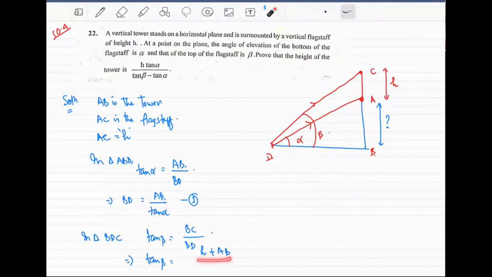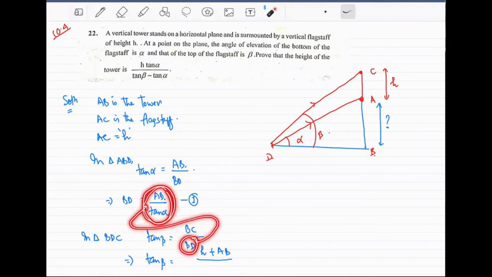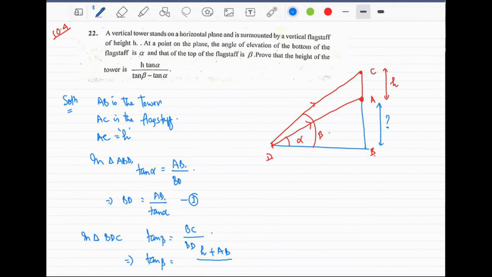And for BD, you can use equation number 1 and put this whole portion right here, AB by tan alpha. So instead of writing BD, we will write AB by tan alpha. Okay then.